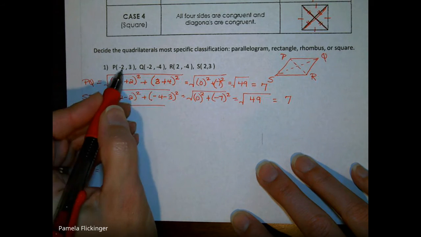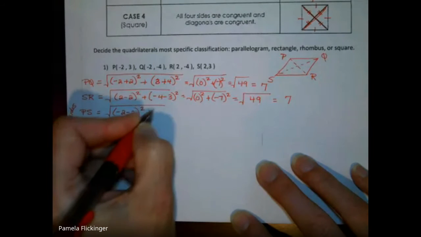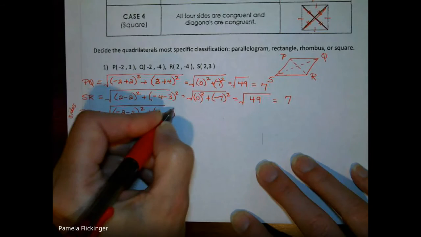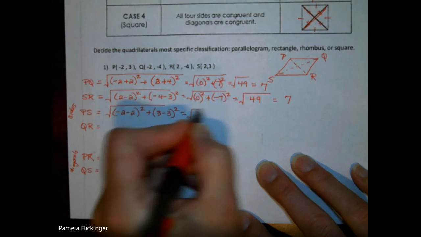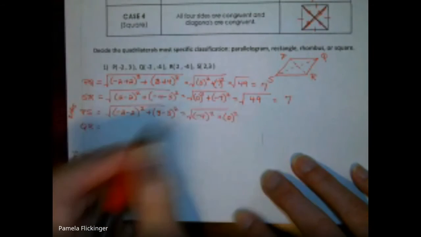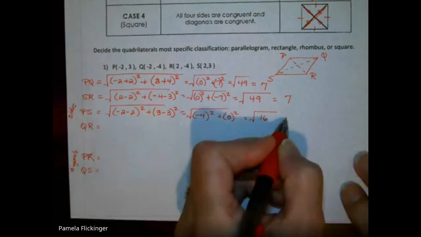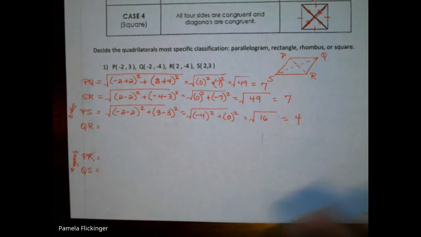Let's try PS. So I've got negative 2 minus 2 to square, and then 3 minus 3. So negative 4 and a 0 both need to get squared. So that will give me the square root of 16, which is just 4.